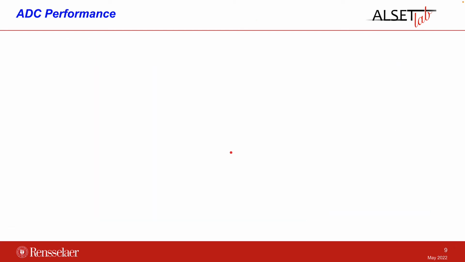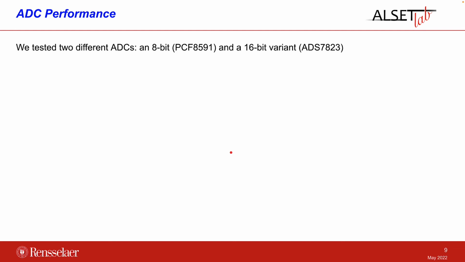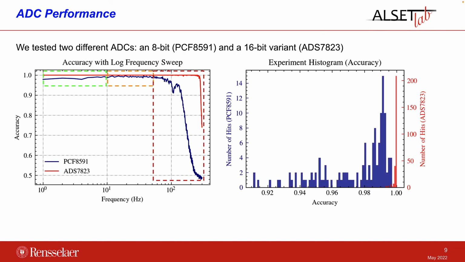So now let's analyze the selection of the ADC. As we mentioned before, we work with two different variants with different resolution, 8 and 16-bit, and we observe in this slide the different results. We observe that for low frequencies, in all cases, the performance in terms of accuracy of the 8-bit ADC is lower than the one for the 16-bit ADC, but it downgrades really fast here at this point.